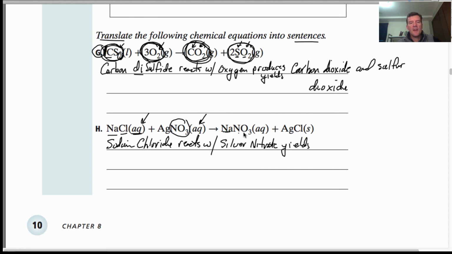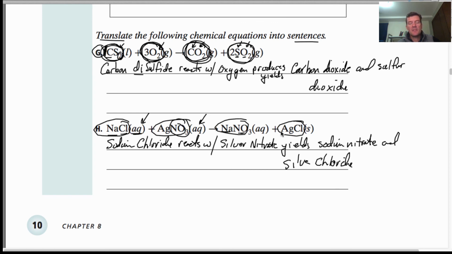Here's another, metal and a polyatomic ion, sodium nitrate, and silver chloride. You do not use prefixes in this case. All of these are ionic compounds, metal and nonmetals. Okay?